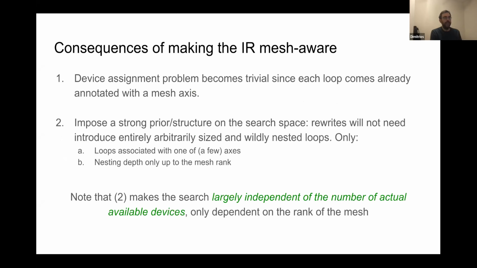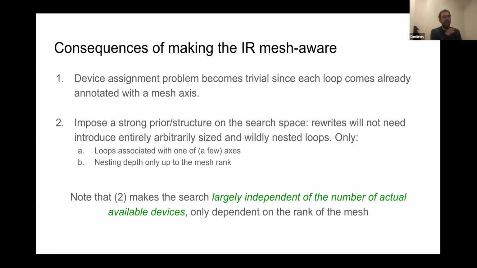So all you have to decide, when you're introducing a loop, is which axis to use: batch or model, for example. It also imposes a strong prior or structure in the search phase, because the rewrites are not going to need to introduce entirely arbitrarily sized and wildly nested loops. Only loops associated with one of a few axes, and the nesting depth only up to the mesh rank. So this really makes the search independent of the number of actual available devices.